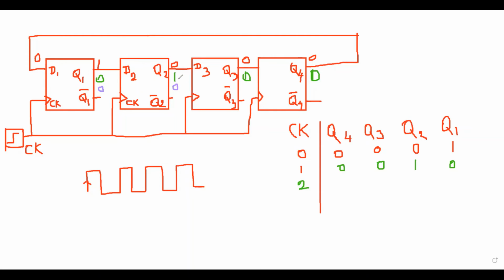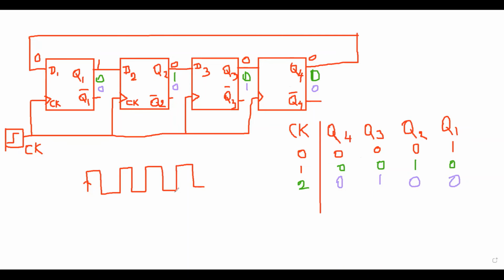Then this 1 is the input for the third D flip-flop. So this 1 is moved to here. Then this 0 is the input for the fourth flip-flop. So the output is 0. So here also 0, 1, 0, 0.